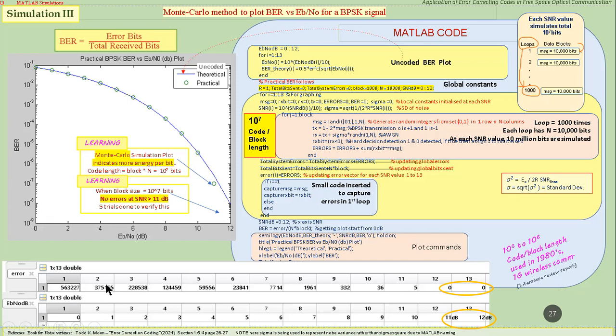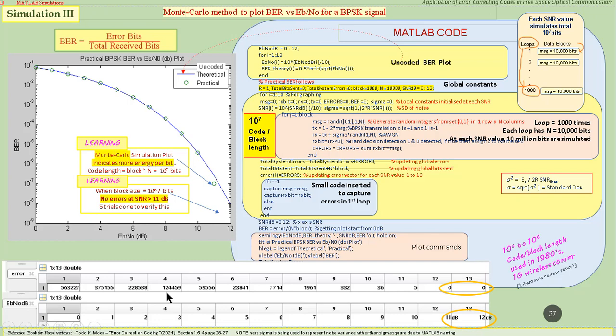So each time the variance will be changed and errors will be calculated after completion of 10 to power 7 bits, and those errors will be divided by the total block length. So BER will be given.